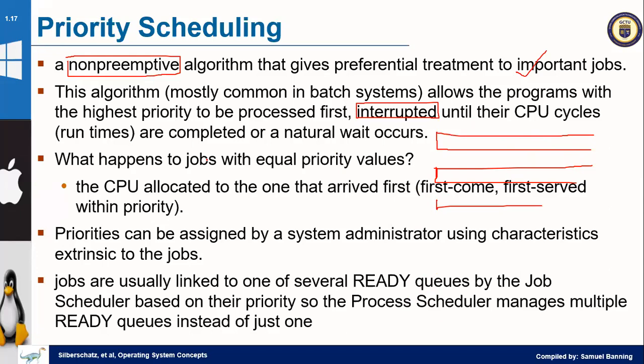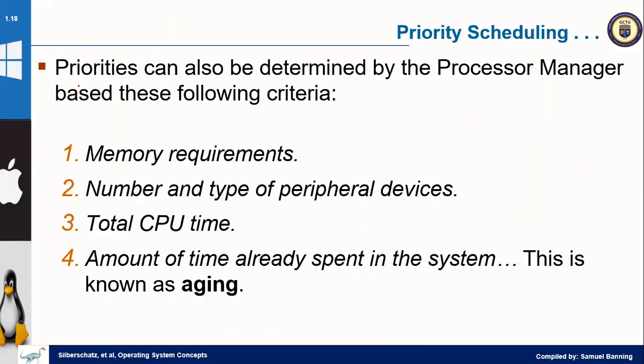Yes, sir. It's also quite straightforward. Now, these priorities can be determined by the processor manager based on the following criteria. 1, the memory requirement. There may be a queue for processes that require large memory, and then those that require small or less memory. Number 2, the number and type of peripheral devices.